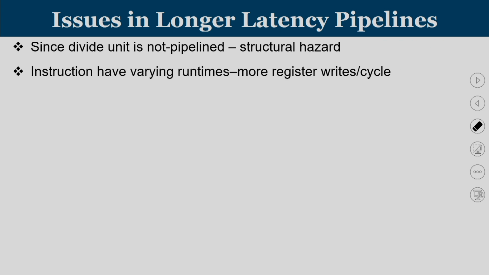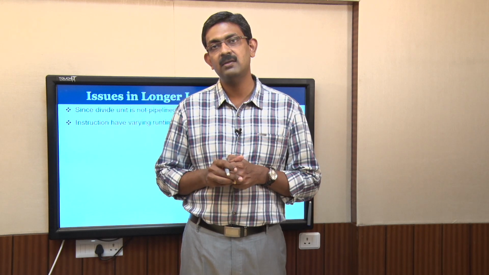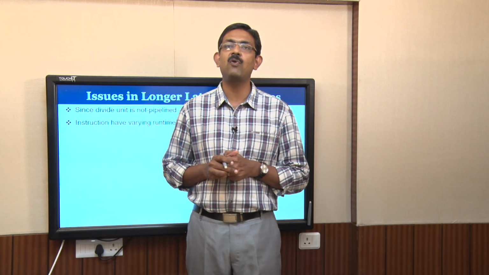Next point is that instructions have varying run times. We have seen in the previous case that a multiplication instruction has 7 stages in the execution part, whereas an add operation has only 4 stages.